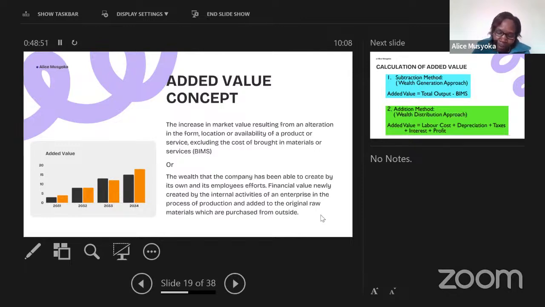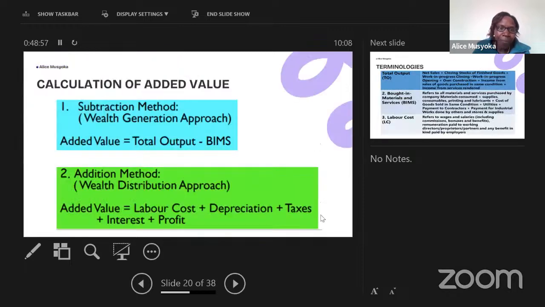When we look at the calculation, how it is done, that will become clearer. So the calculation of added value, one approach, one method, we can look at added value being equal to total outputs minus brought-in materials and services, the BIMS. Or we can look at the second way of calculating, which is called the wealth distribution approach.